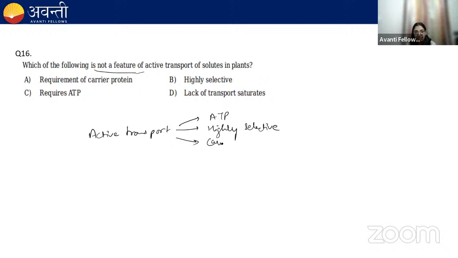It involves carrier proteins. That is why it is highly selective. Transport gets saturated when these carrier proteins are all occupied. The movement is uphill, which is against the concentration gradient.